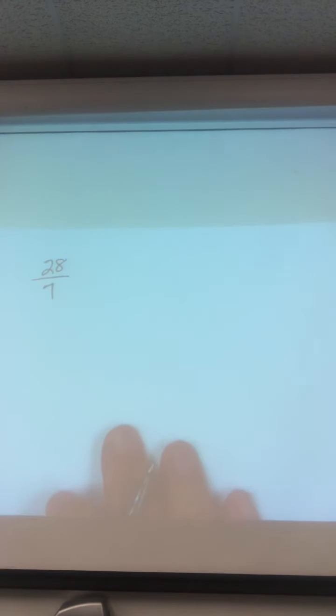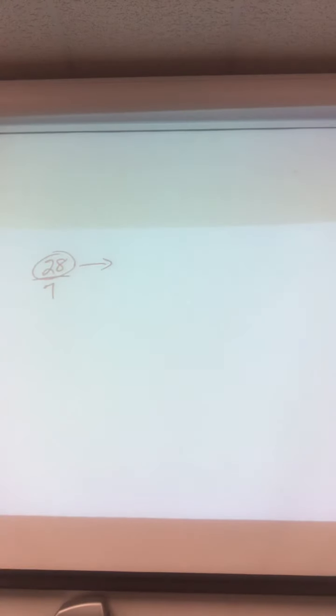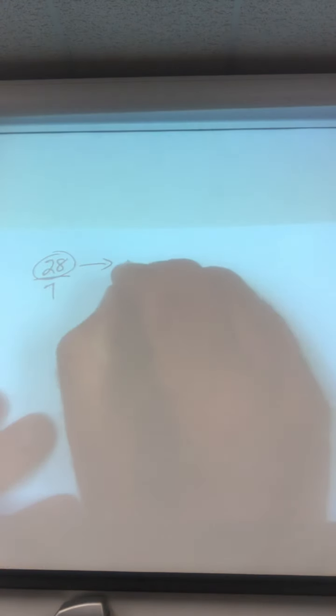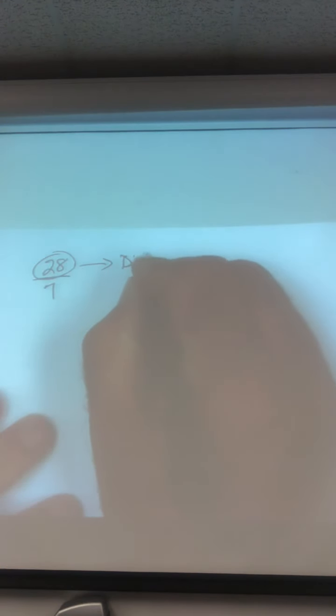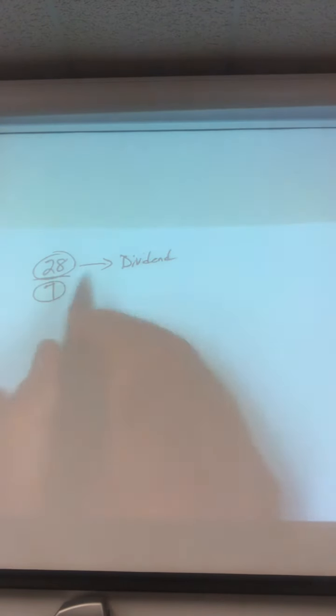If I take 28 over 7, of course the answer is 4. But if you'll remember, we give a special name for that number, 28. One name is called the numerator, and that's true, it is the numerator. But another word is called the dividend. This right here is the denominator, but in long division, we call it the divisor.